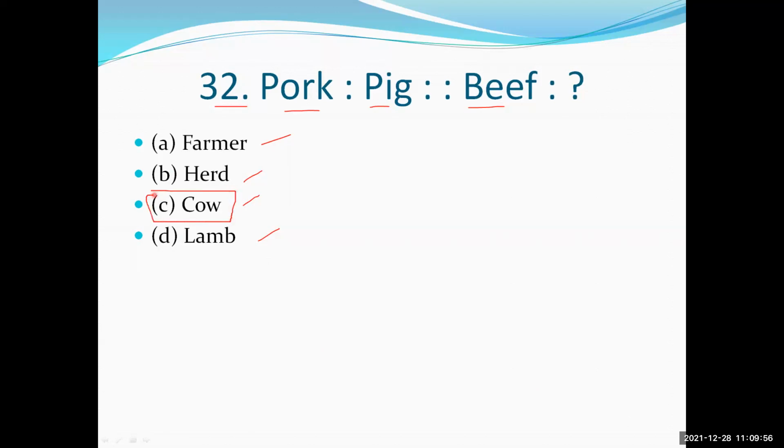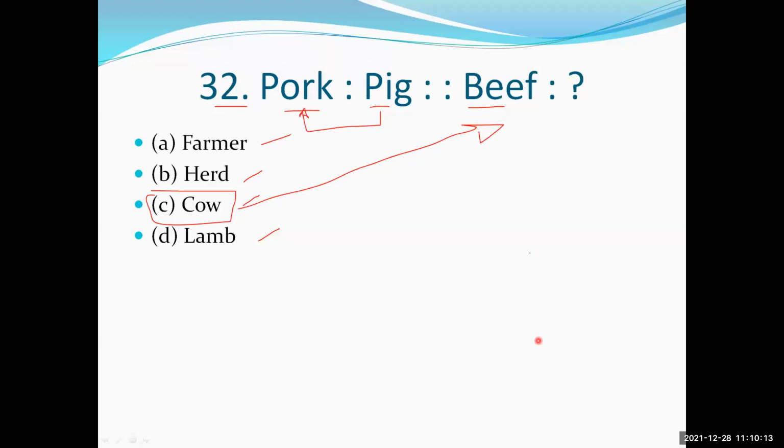Why is it cow? Let's explain it like this. The meat of pig is called what? That's pork. Similarly, the meat of cow is called beef. Yes, exactly.